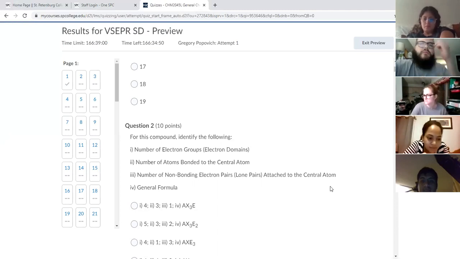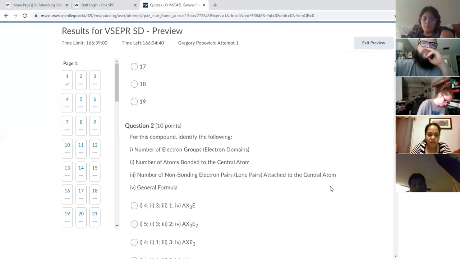Perfect. All right, this is the structure for water. Looking at this, electron groups around the center atom: 1, 2, 3, 4. So the first answer would be 4. Number of atoms bonded to the center atom: 1, 2.